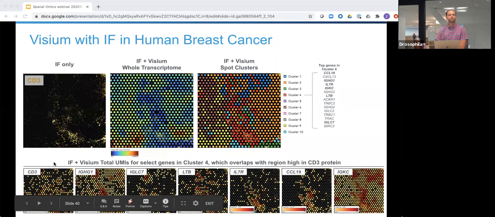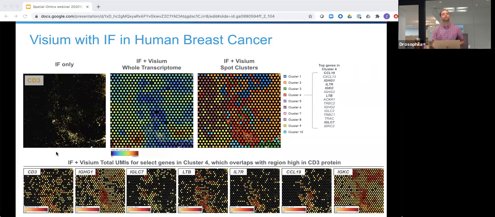You can see that the CD3 expression correlates pretty nicely, as well as other immune markers like IgH, IgL, very nicely with the fluorescent antibody staining. And so you can overlay all kinds of gene expression data on top of this immunofluorescent data from protein co-detection.